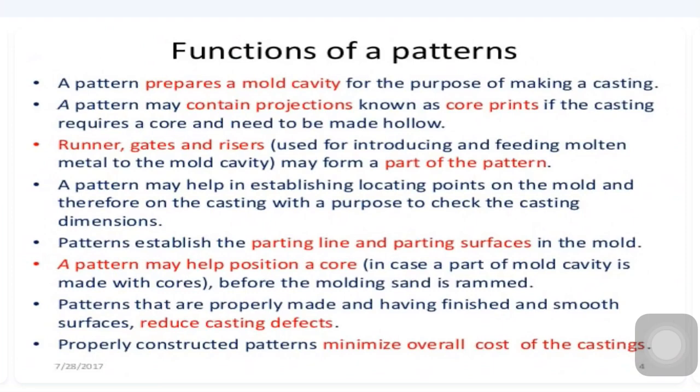In that condition you can manufacture the pattern in two halves. We can also say this is a split type of pattern, and in that condition you have to generate the parting line, or parting surface. So that pattern establishes a parting line or parting surface in the mold. A pattern may also help position a core.